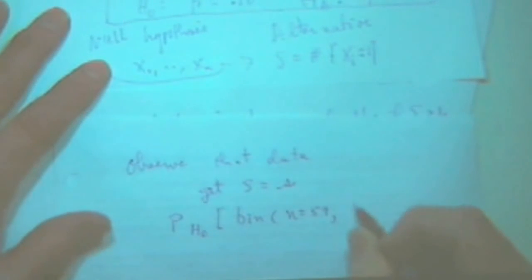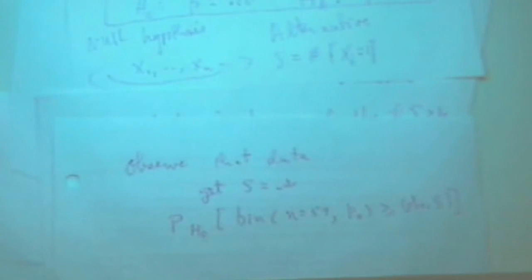And it's under H naught, so P naught would be the probability of success. S is what we observe. So this is the observed value of the test statistic. That's how far out we got.